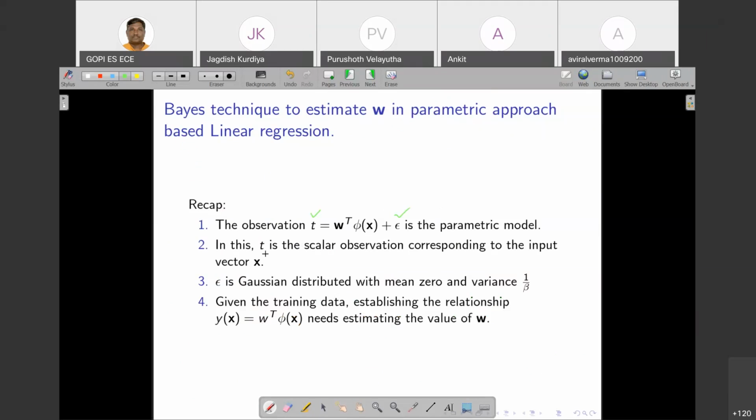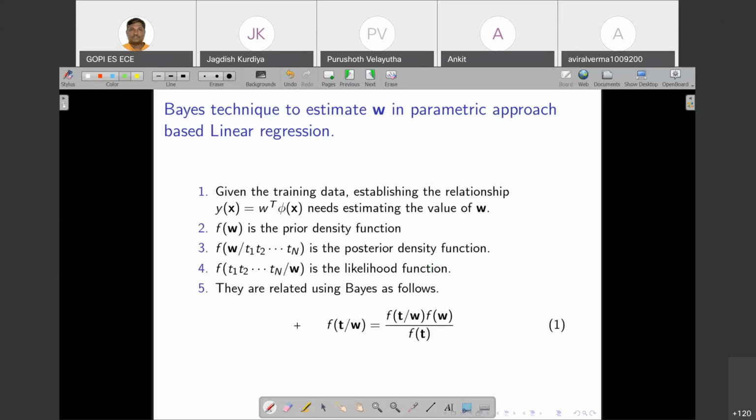T is a scalar, x is a vector. The noise is Gaussian distributed with precision beta, which is unknown. So given the training data, establishing the relationship y of x equal to W transpose phi of x needs estimating this W, right?